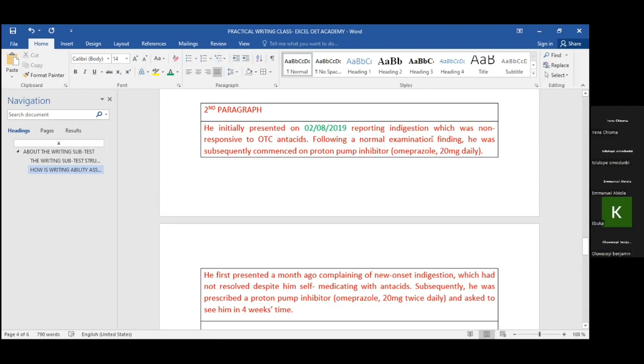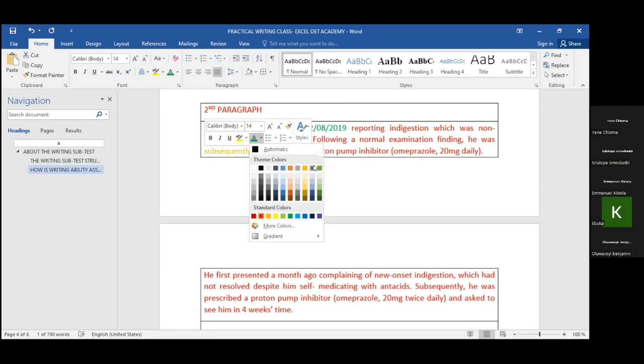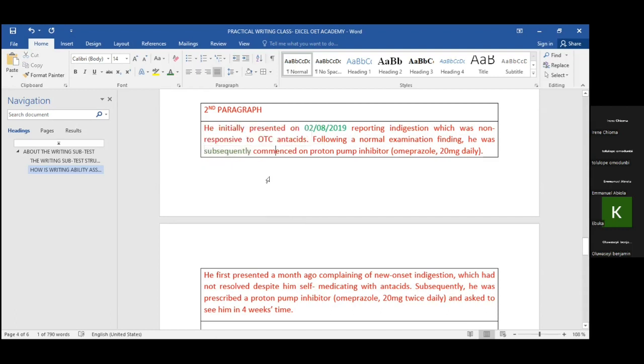Following a normal examination finding, comma, he was subsequently, look at this word, okay? This is a connector. Subsequently, it's a connector. All right. So it was subsequently commenced on proton pump inhibitor.